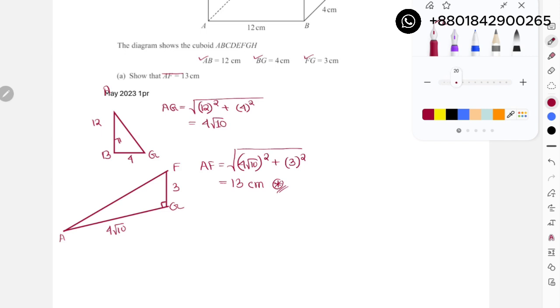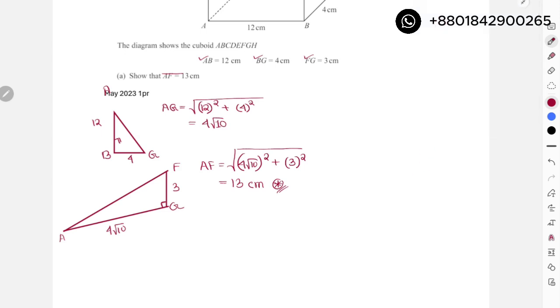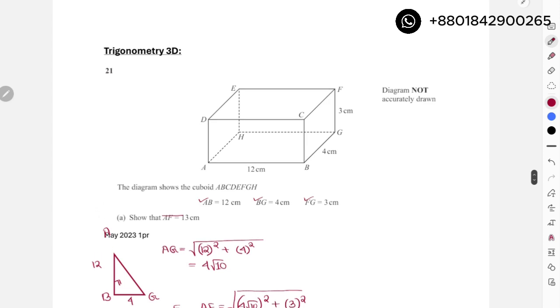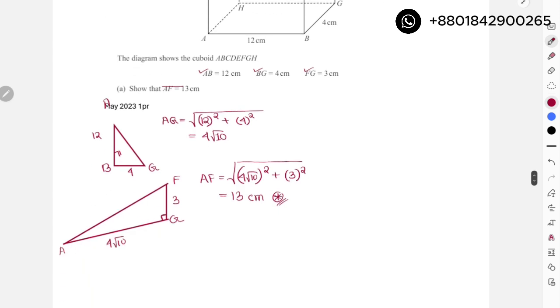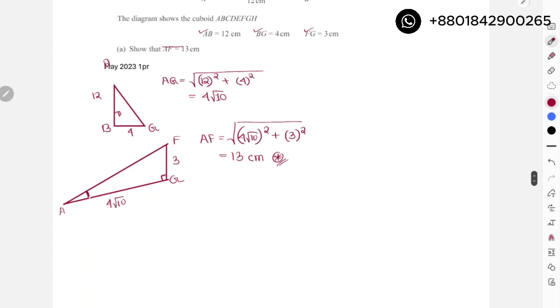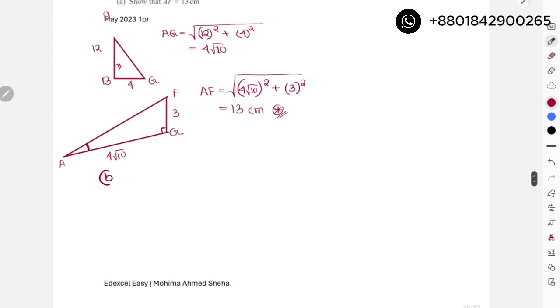After part A, they were asking that we need to calculate the value for the angle GAF to one decimal place. Okay, I forgot to attach that to the file, but this is the question. For GAF it's clearly easy. We just want to find out the value for this angle, right? GAF. For part B, I can easily use any of the formulas, right? Sine, cos, tan to find out angle GAF. I can use tan over here. So GAF is going to be just tan inverse.